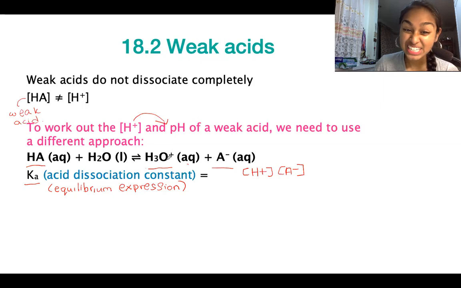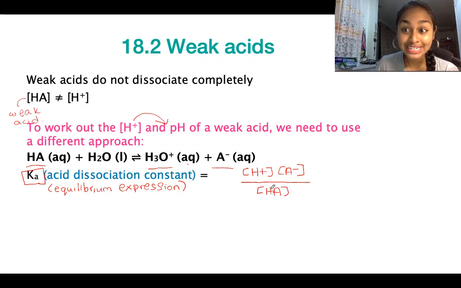H plus and H3O plus are interchangeable. And I'm going to have my reactants at the bottom. Good. I'm not going to include water because water is a constant, so we don't need to include that in this particular reaction. Good. So this is the formula for Ka.